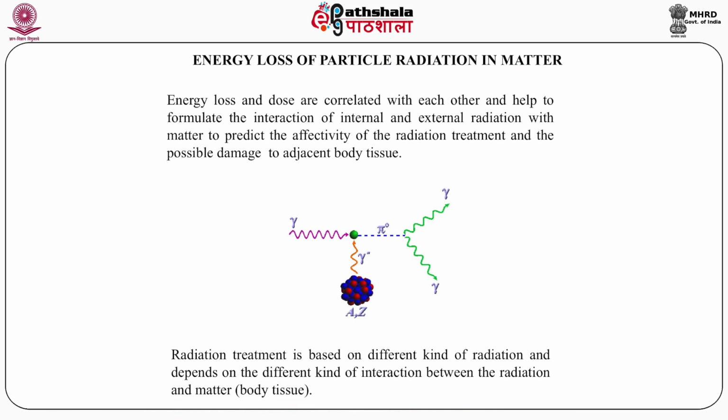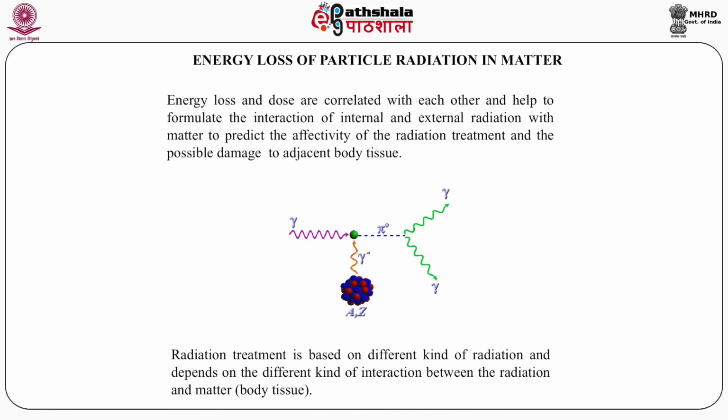Energy loss and dose are correlated with each other and help to formulate the interaction of internal and external radiation with matter, to predict the effectiveness of the radiation treatment and the possible change in adjacent body tissues.